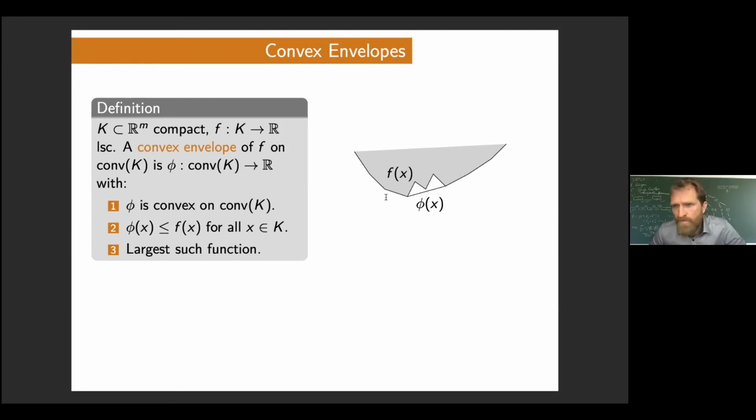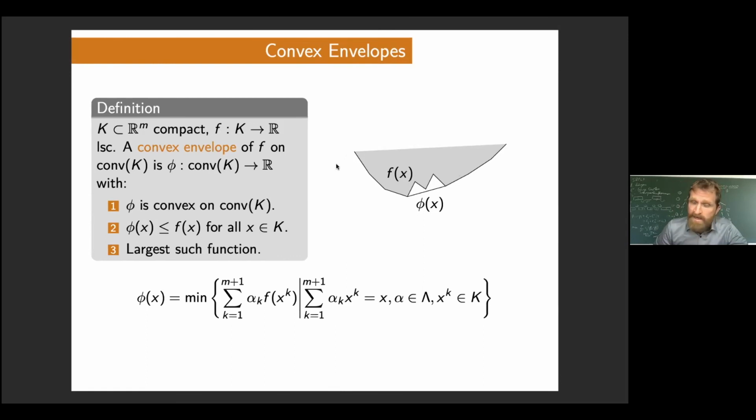These are the convex functions that act as lower envelopes for a possibly non-convex function f. And with this Carathéodory representation, we have a very nice and compact representation of this convex envelope. We can take here the minimum of this objective function to represent the value of the convex envelope for a given point x. And here we ask about all possible representations, and we take the best one in terms of the original function f here.